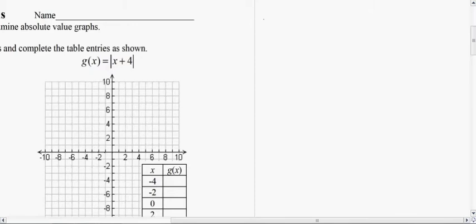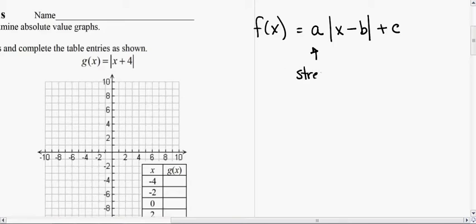So if I have some absolute value function and I'm multiplying it by something, and maybe I'm adding or subtracting something, and then I'm adding or subtracting another number on the outside. This number here, the A, is in charge of stretches and shrinks, vertical stretches or shrinks.